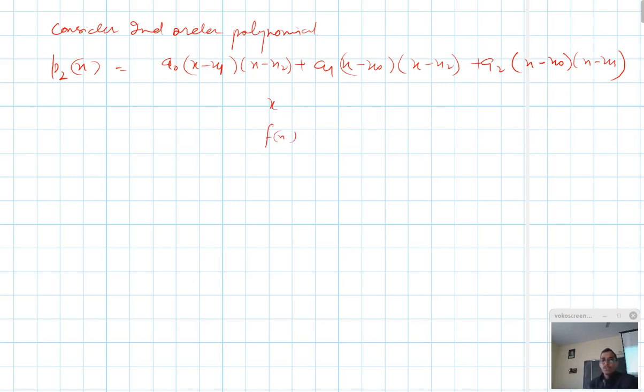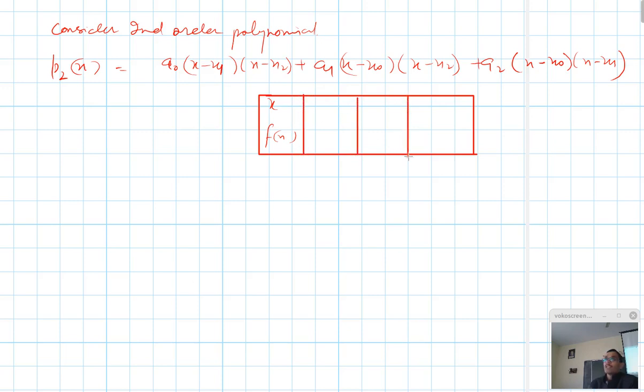So 3 data points are given for the quadratic polynomial, right?